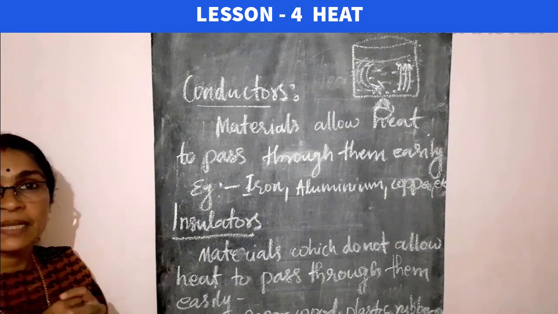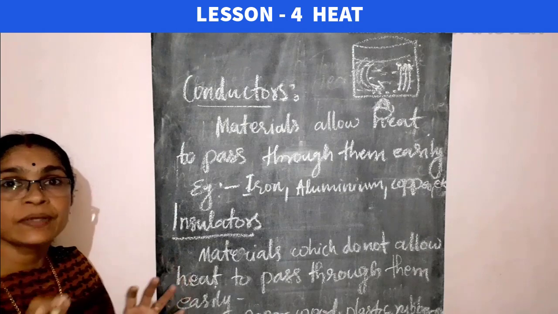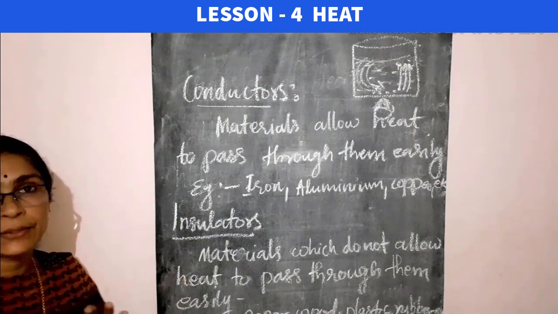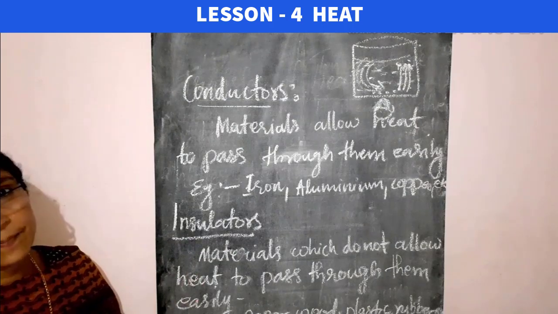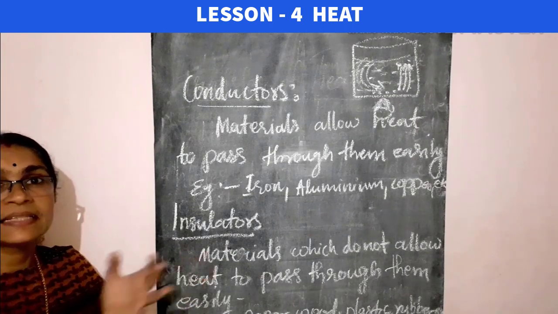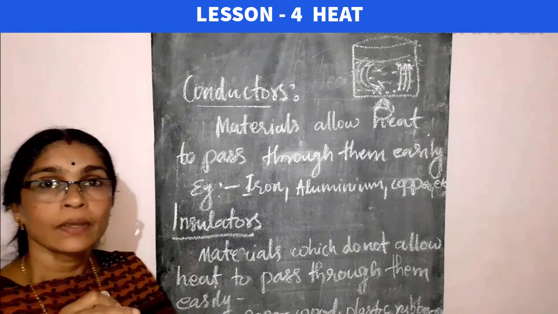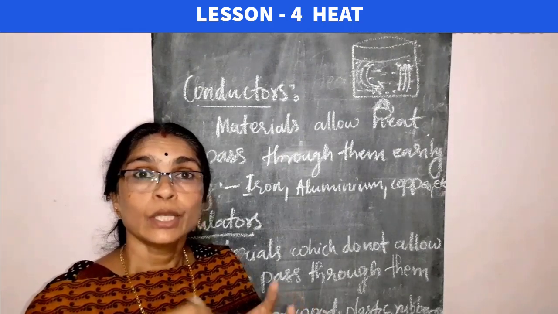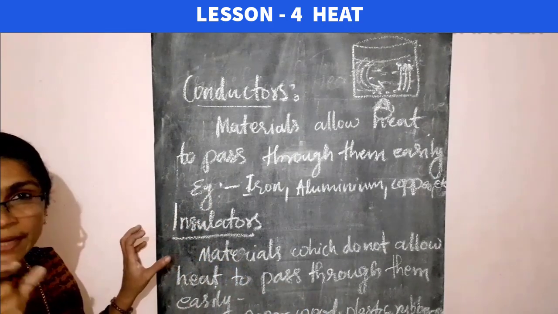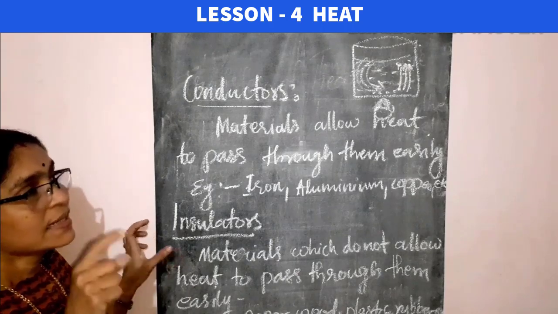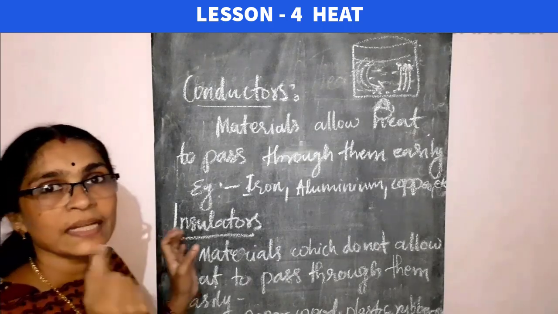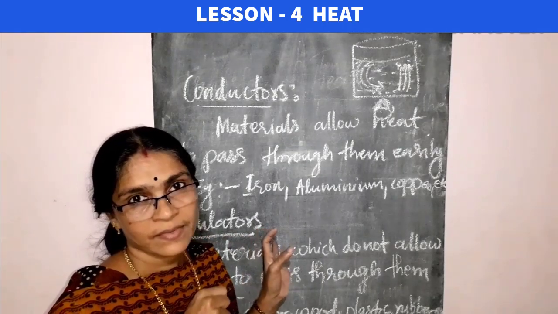Convection means the transfer of heat that takes place in liquids and also in gases. There we can see there is a cyclic movement of gaseous particles or liquid particles. Mainly through liquids and gases, the heat is transferred by the method of convection. Is it clear?